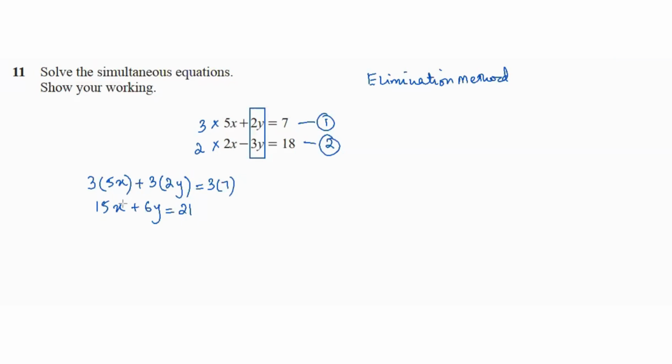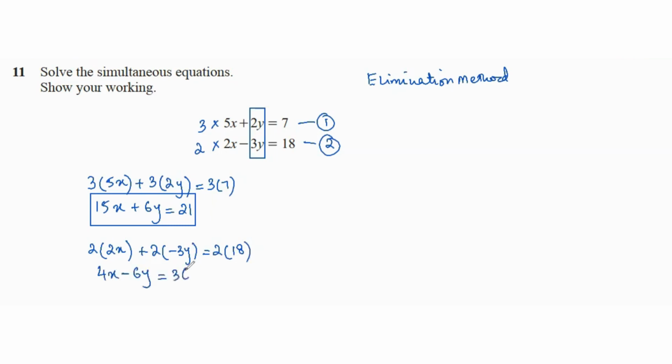Now we're going to multiply 2 with the second equation. So that's going to be 2 times 2x plus 2 times negative 3y equals to 2 times 18. So that's 4x minus 6y equals to 36.